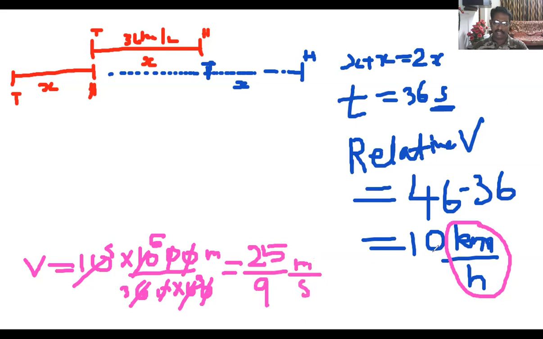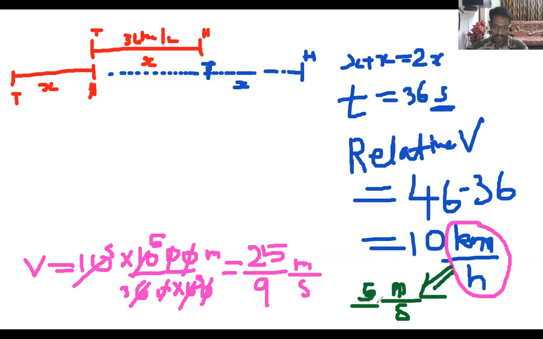There is another idea which usually saves our time. You can remember this formula of conversion: if you want to convert kilometers per hour to meters per second, you multiply by 5 by 18.